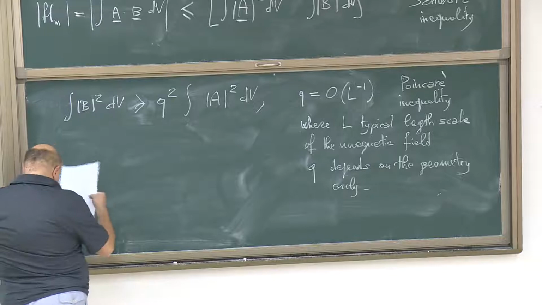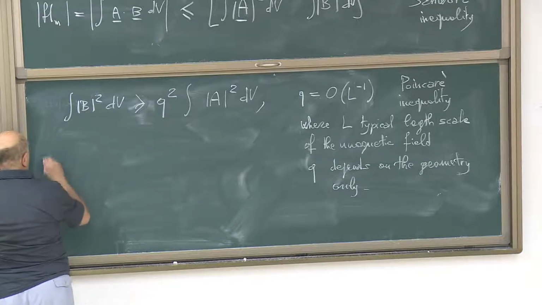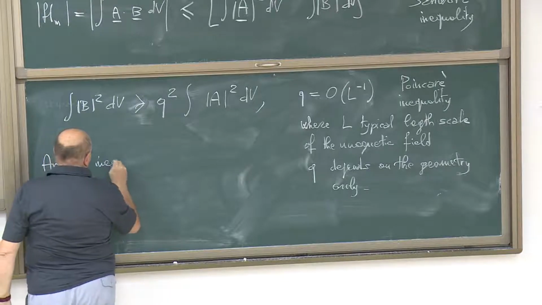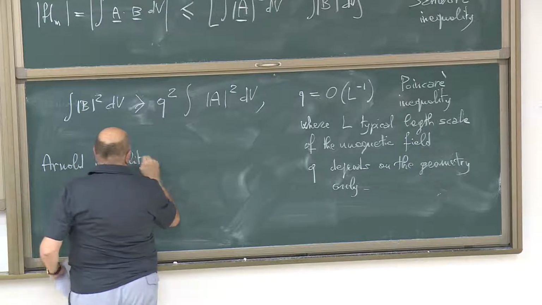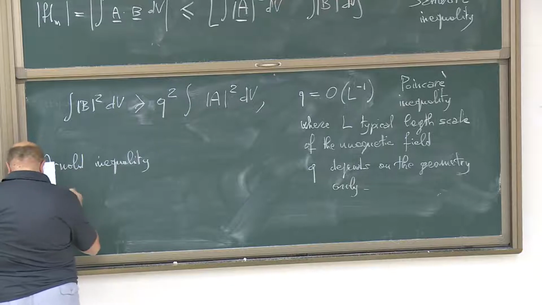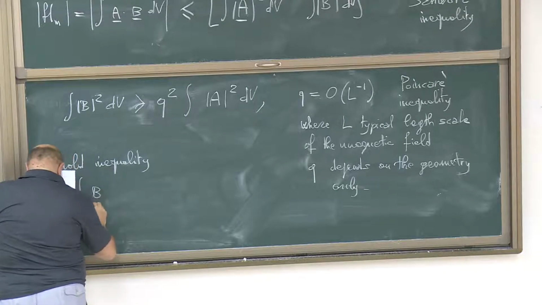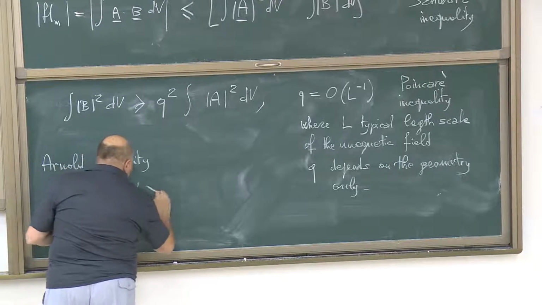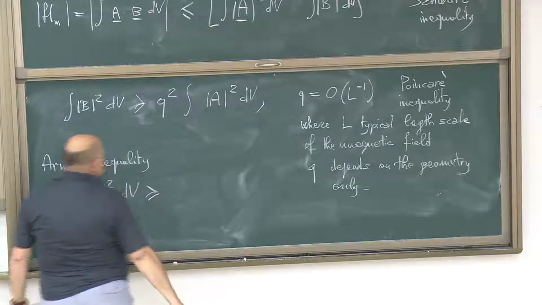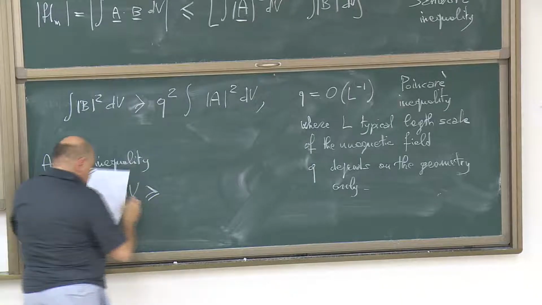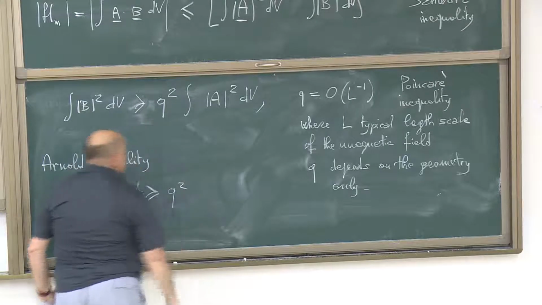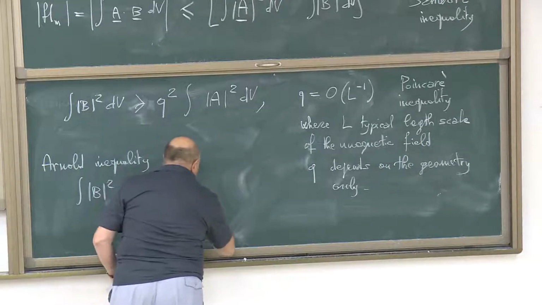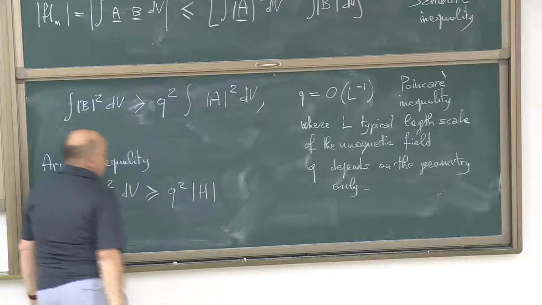And so we produce what I call the Arnold inequality, stating that the integral of B squared dV is bounded from below by q squared times the modulus of the helicity.